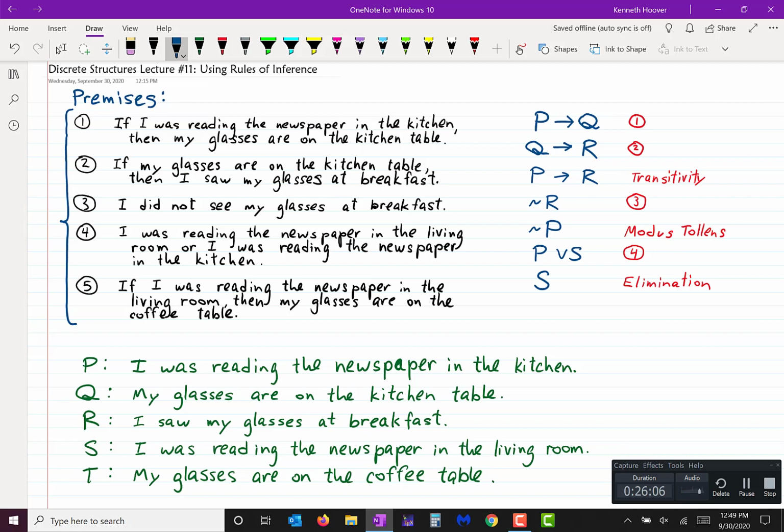Well, look at premise number 5. If I was reading the newspaper in the living room, then my glasses are on the coffee table. How would you diagram that? That would be diagrammed S implies what? T. What is my reasoning? Premise number 5.